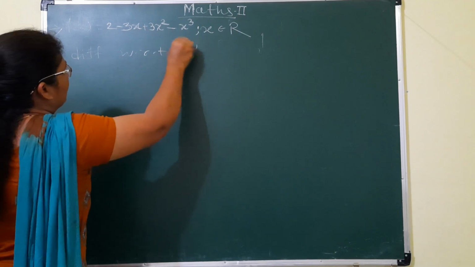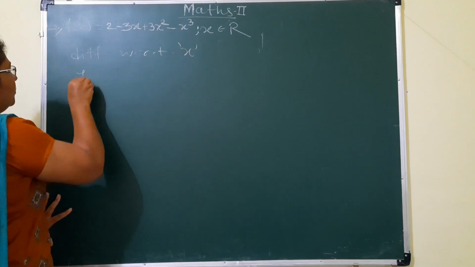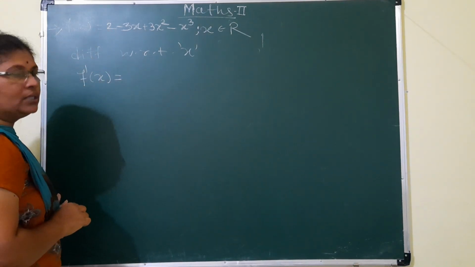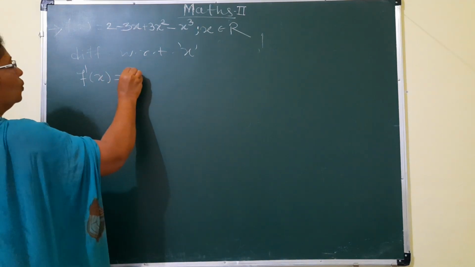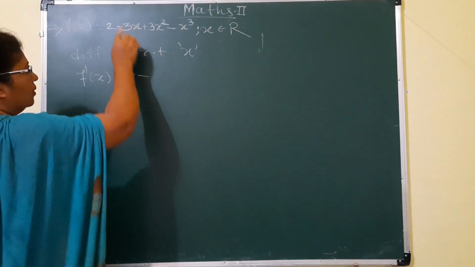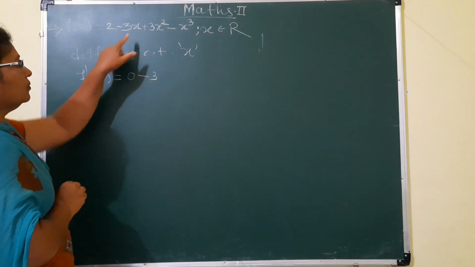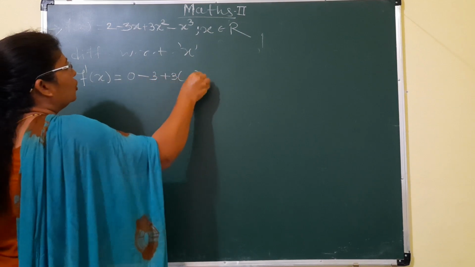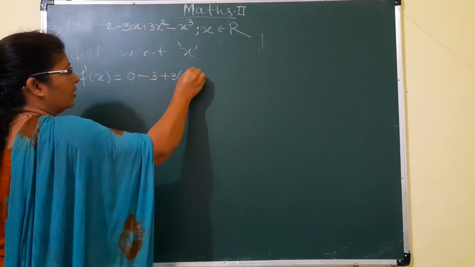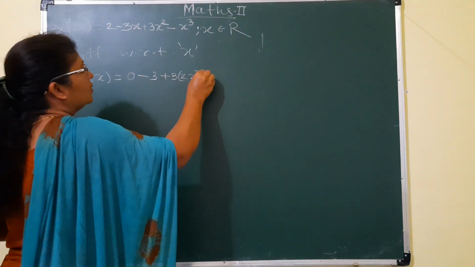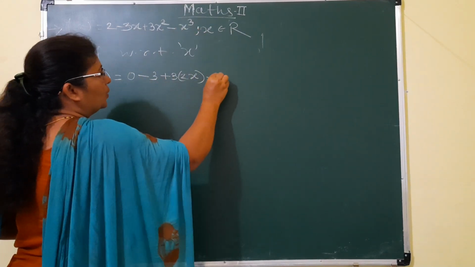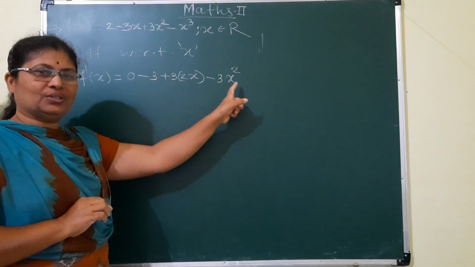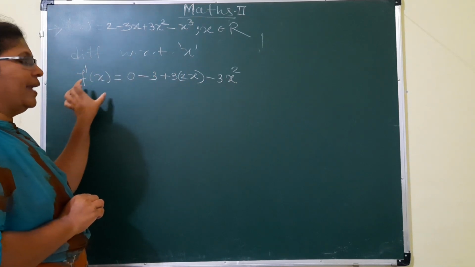So after differentiating, f dash of x is equal to, look at this term, 2 is constant, so its derivative will be 0, minus 3x, minus 3 is the coefficient, derivative of x is 1, plus 3 times derivative of x square, we know this derivative is equal to 2x, minus derivative of x cube, which is nothing but 3x square. This is the derivative f dash of x.